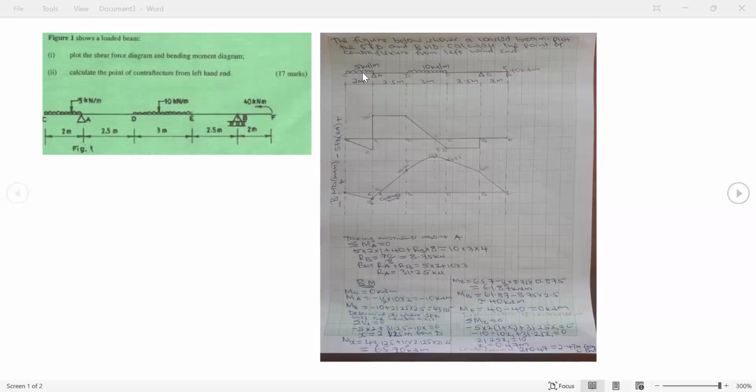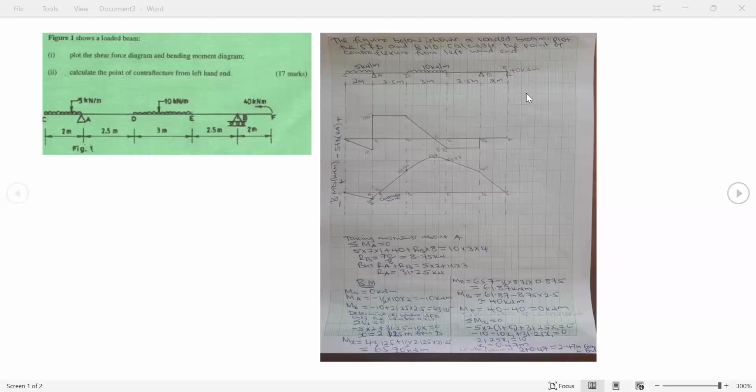I will take 5 times 2 to convert it to point load, and it is acting midway of CA, which is 5 times 2 point load, then times 1, which is the distance from point A, plus 40. Remember this 40 kilonewton meter, you cannot multiply it by anything because it is already a moment.